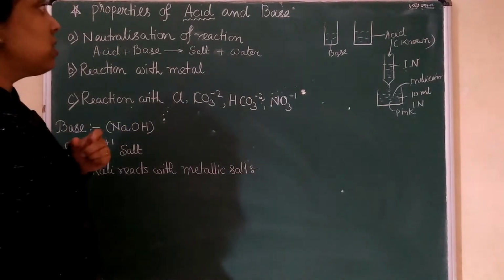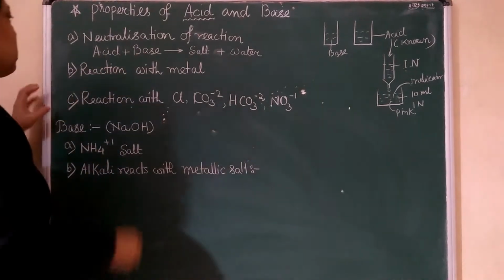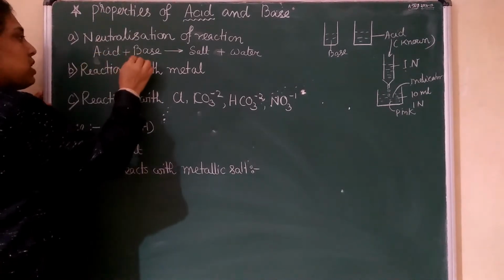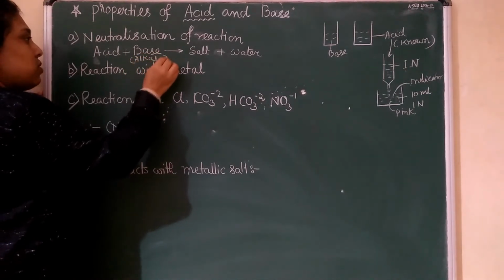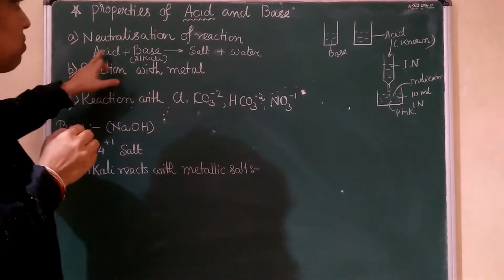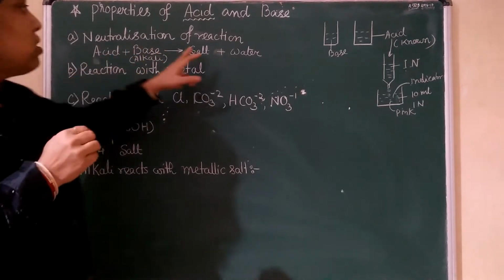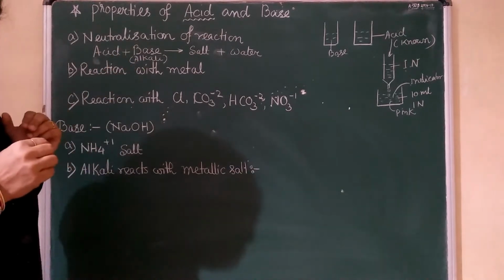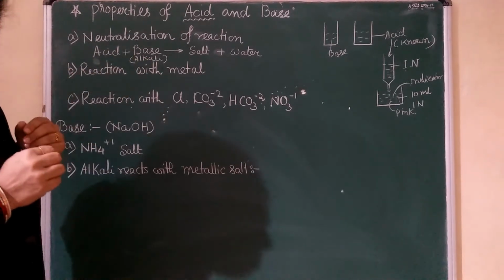Now when you take this acid and base, always remember, the base can be a strong base, an alkali. If you take a base which is an alkali, a very strong base, salt and water will form. If the base is not soluble, an insoluble base, this kind of reaction also occurs.